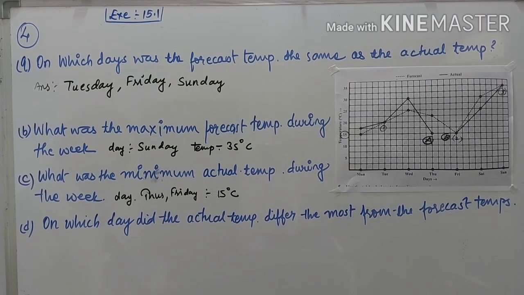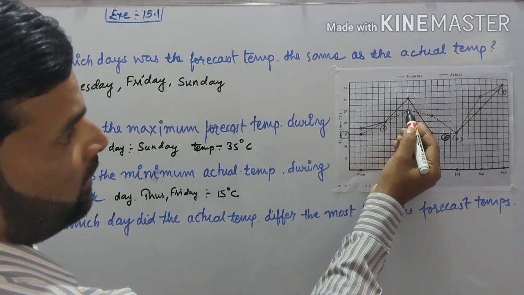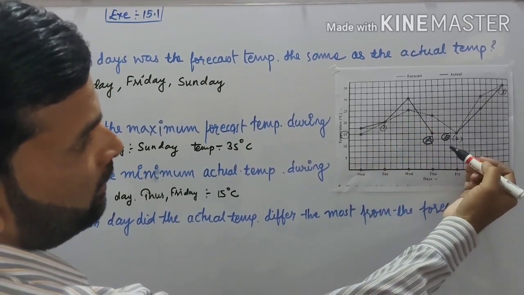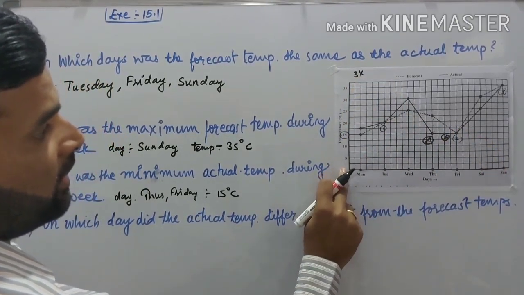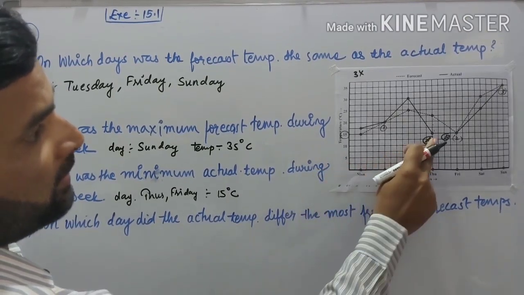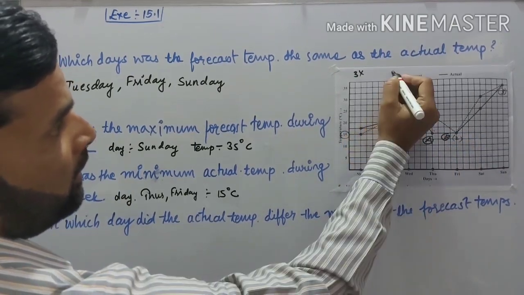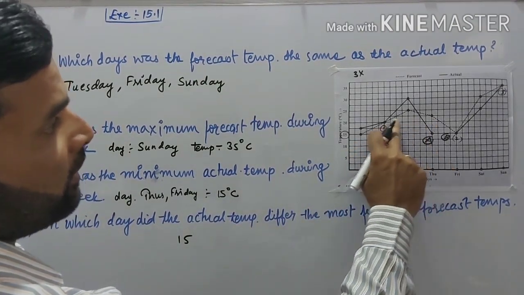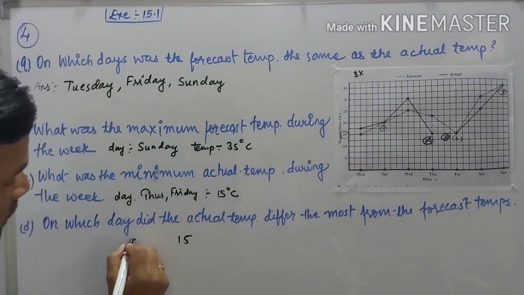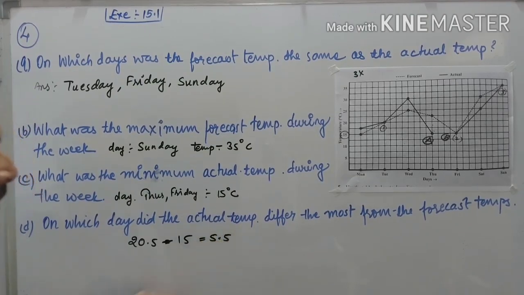On one day the difference is not only 0.5, here it is 5 point something, but Thursday is 1, 2, 3, which means 3 points of difference. The minimum is 15 and the maximum is 22.5, minus 5.5, okay.